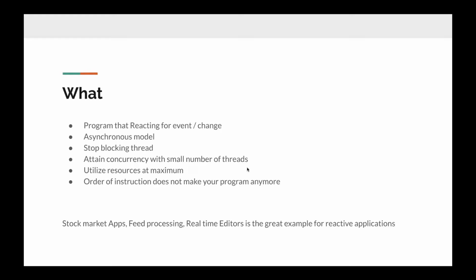Maybe some of you have worked on JavaScript very well, so you may know the asynchronous way of calling other third-party systems or other APIs, right? Okay, so that's it. What is reactive programming, and some examples of reactive programming in the real world.